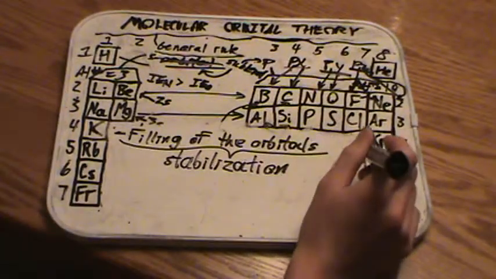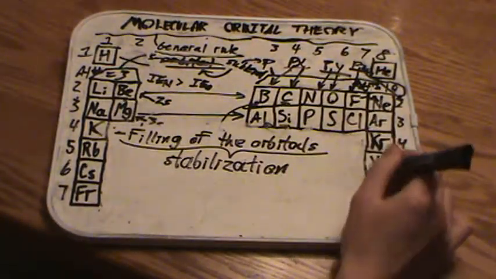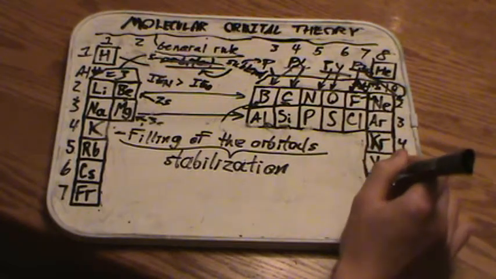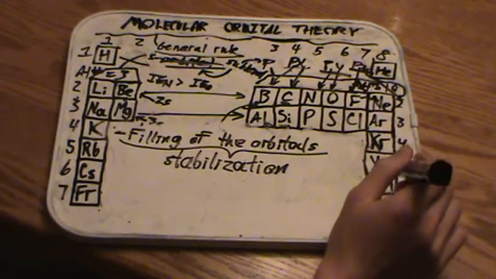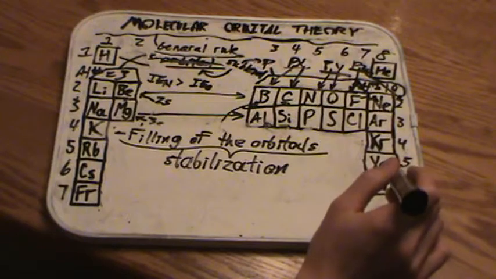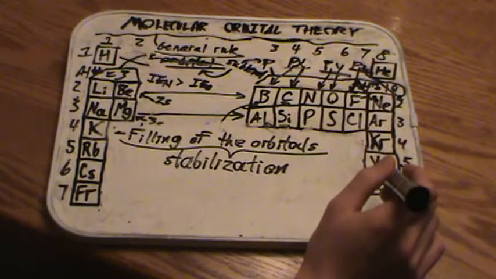And so, Josh, you're going to ask, what is this? What are these energies relative to each other for the orbitals? What determines this sort of energy thing?